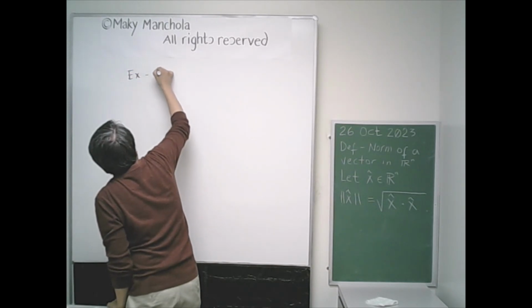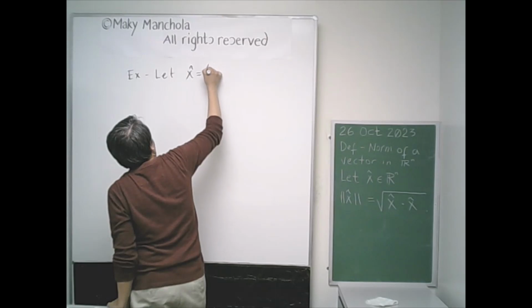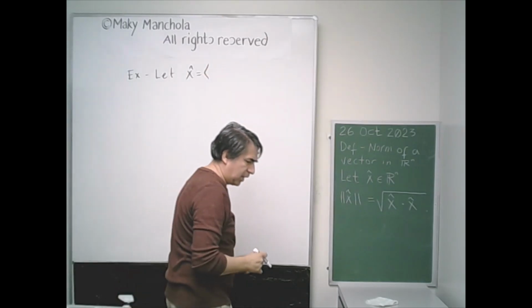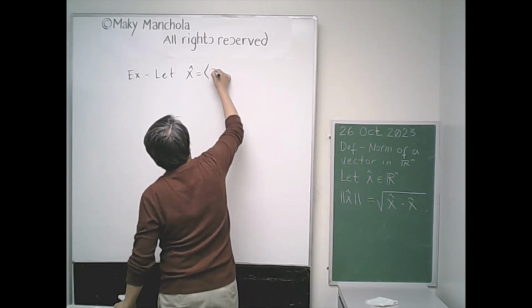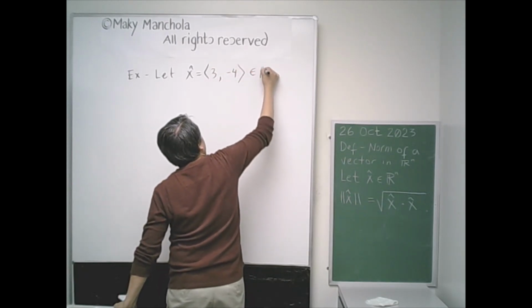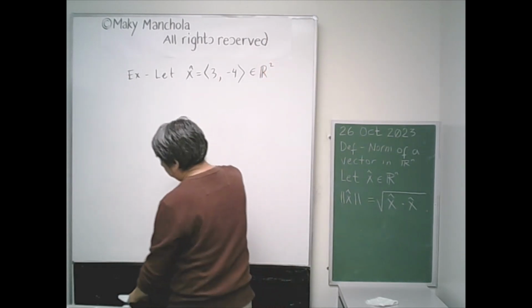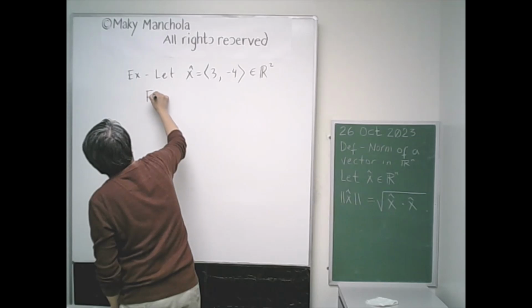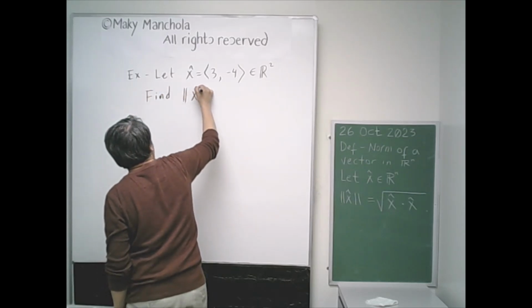Let vector x be the vector in R2 which has entries 3 and -4. Find the norm of x. This is a very simple example.